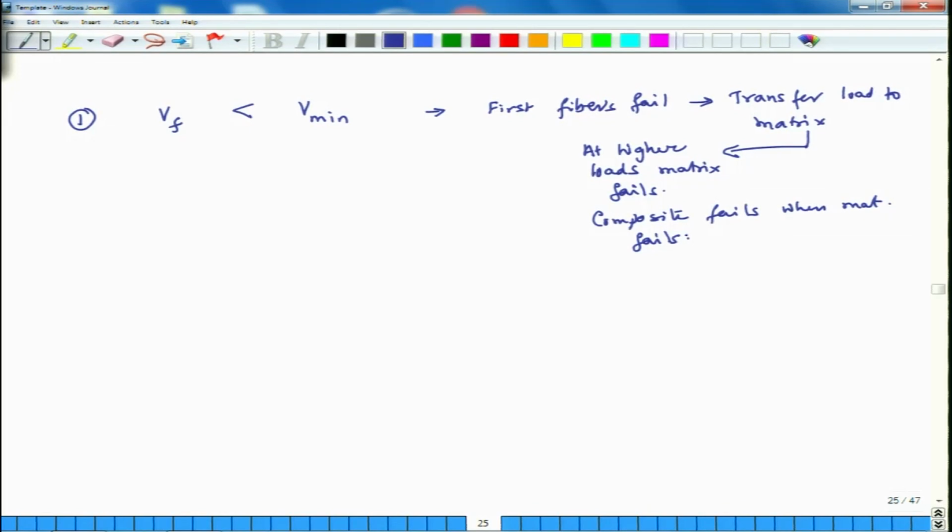So, this is when the fiber volume fraction is less than V min.